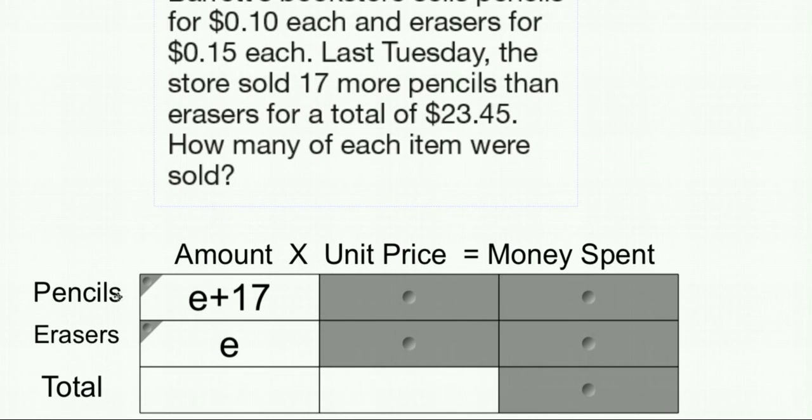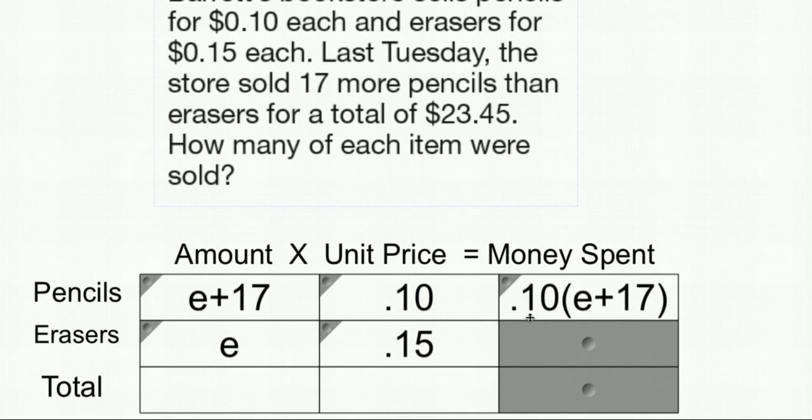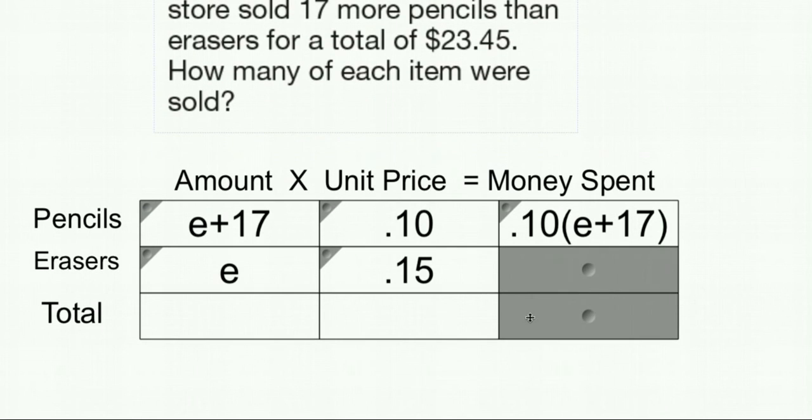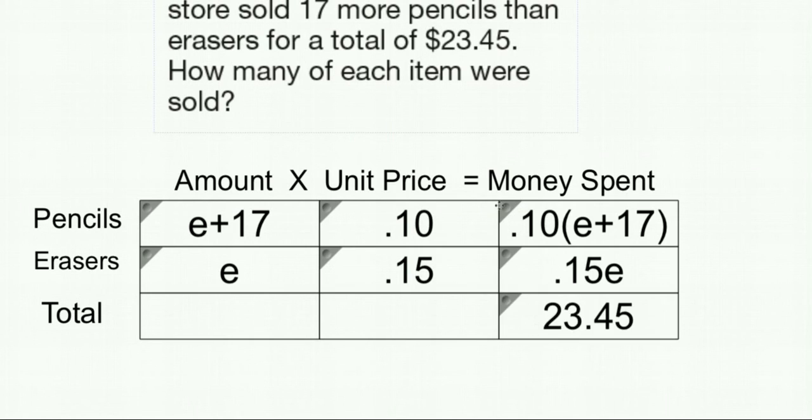And then we look at the unit price for pencils, which is 10 cents, and the unit price for erasers, which is 15 cents. And then follow the formula: 0.1 times E plus 17, okay? And then you have 0.15E, okay? And then it should total 23.45. So what you want to do is add this cell to this cell, which should equal 23.45.